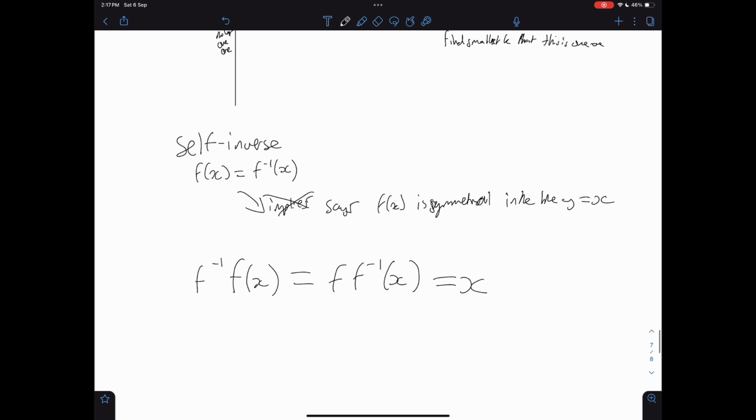And an important corollary I should note of the self-inverse is that f of x is equal to x as well, because either of them can be interchanged with f inverse of x, so that should make sense.